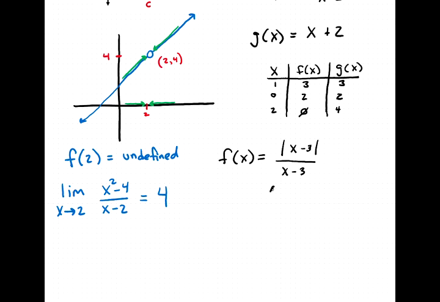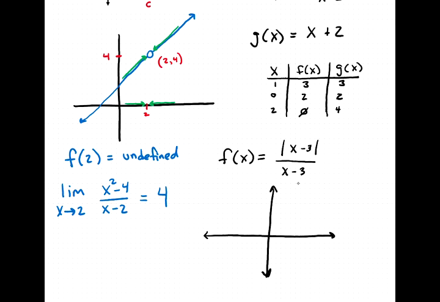And now what this graph looks like, well, any number over itself is equal to 1. So for any number you plug in, you're going to get the same number on the top as you do on the bottom, except you may get a positive or a negative 1.